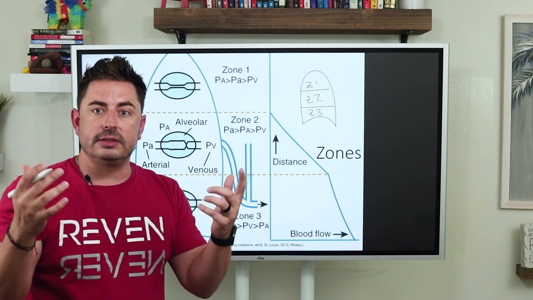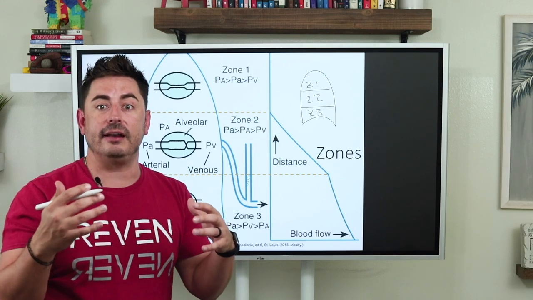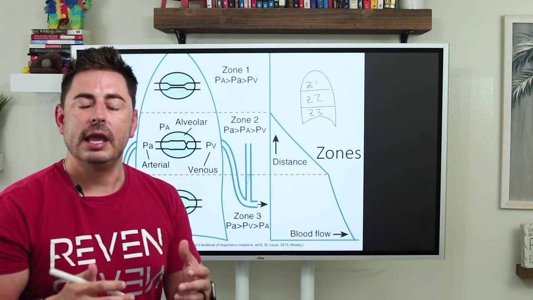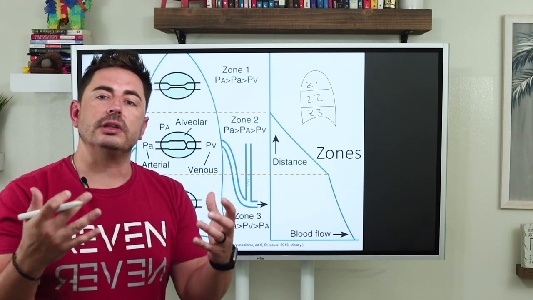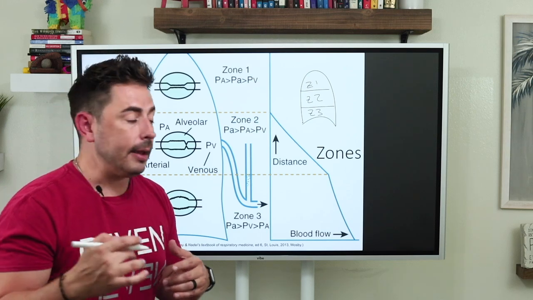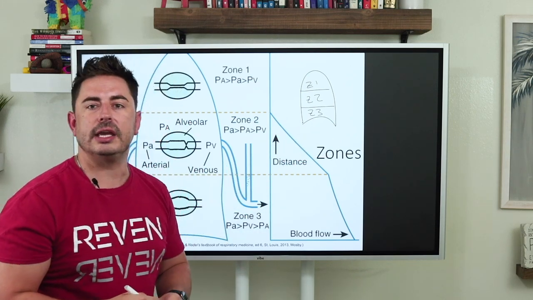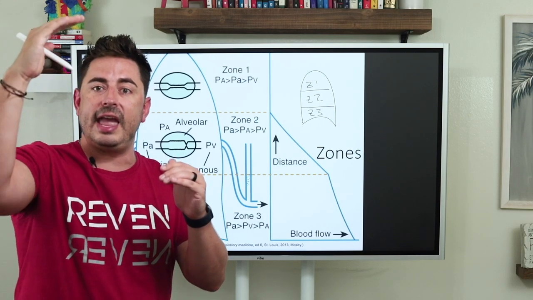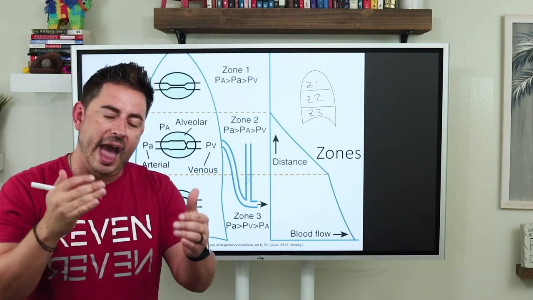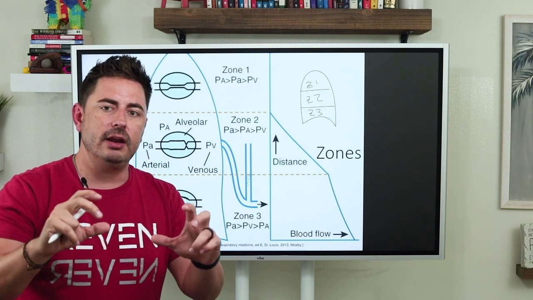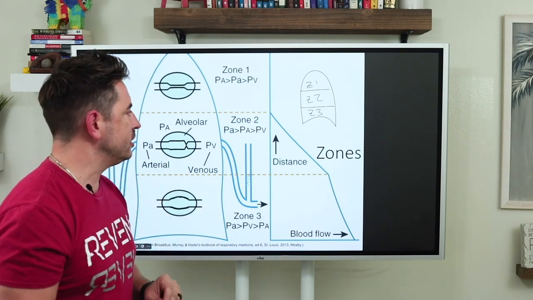So if I were to listen to a patient and they had fluid overload or the pulmonary capillaries got overwhelmed, then where am I most likely going to hear those fine crackles? Right, most likely I'm going to hear those in zone 3. Now I'm not saying that they can't get to zone 2 or they can't get to zone 1, but when we have patients with pulmonary edema, most likely we're going to hear that beginning in zone 3.